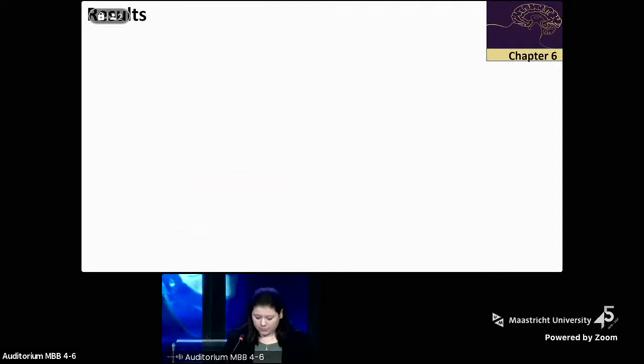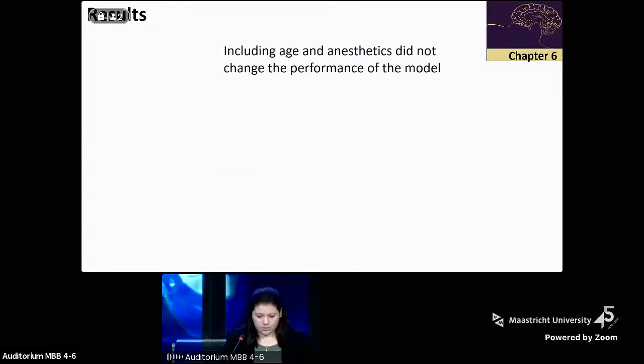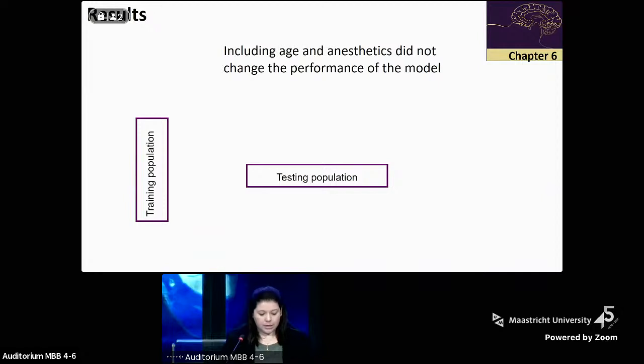So once we have the algorithm ready, we move to look at whether the anesthesia and the age have any effect. The first thing that we did was include these two variables into the model, and we found that there was no change in performance. Then we do a cross-training. So we have a testing population and a training population, both either younger or older patients.